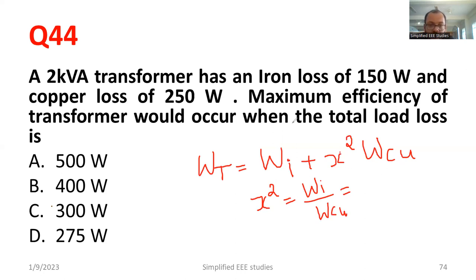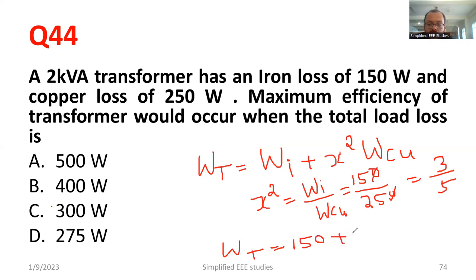So what is iron loss? Iron loss is 150, right? 150 divided by copper loss, which is 250, right? So the 0 gets cancelled. It becomes 3 by 5. Now total loss we can calculate it. WT is equal to iron loss, 150, correct?